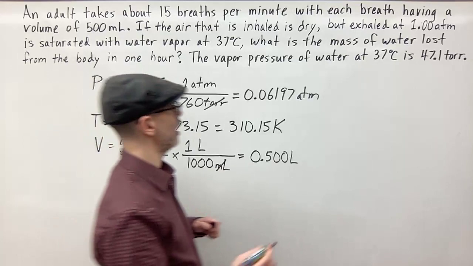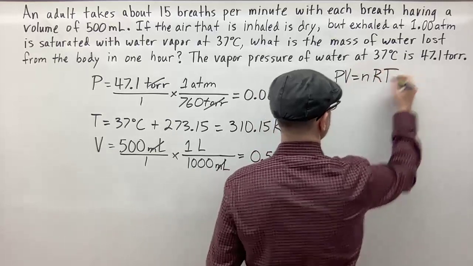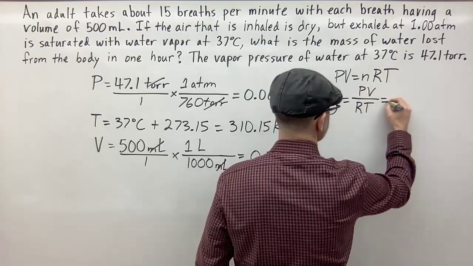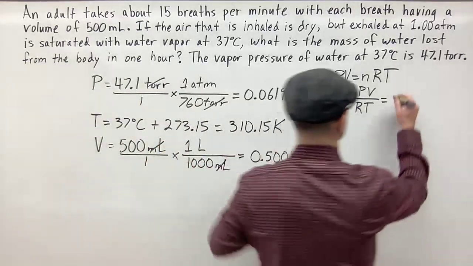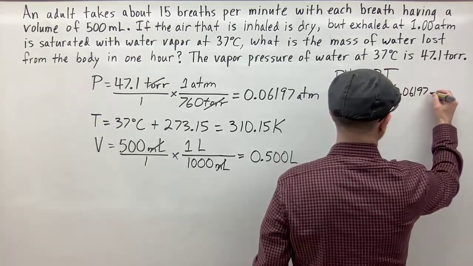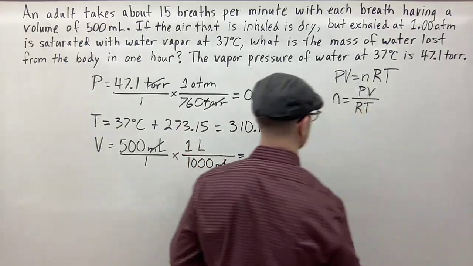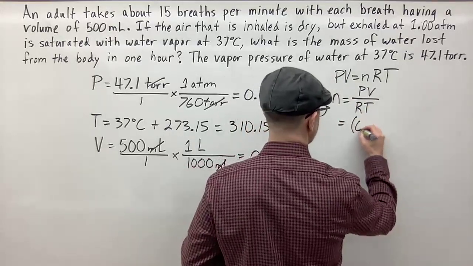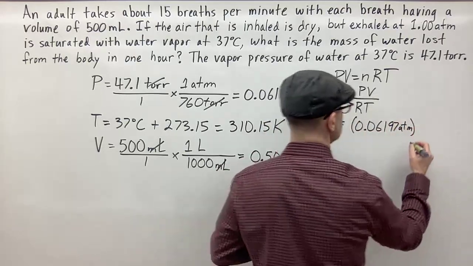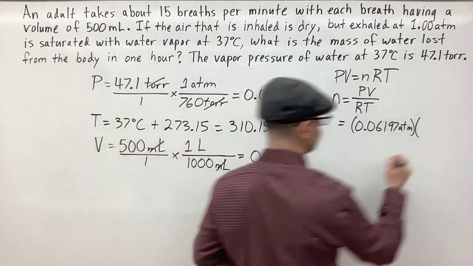Now that I have everything in the right units, I can use the ideal gas law to convert to moles. PV equals nRT, so moles is equal to PV over RT. The pressure is 0.06197 atmospheres, multiplied by the volume, which is 0.500 liters.